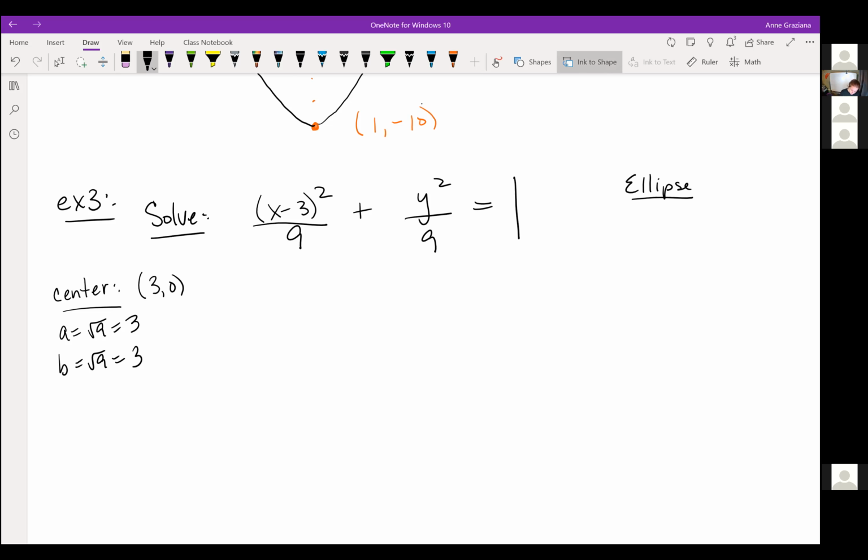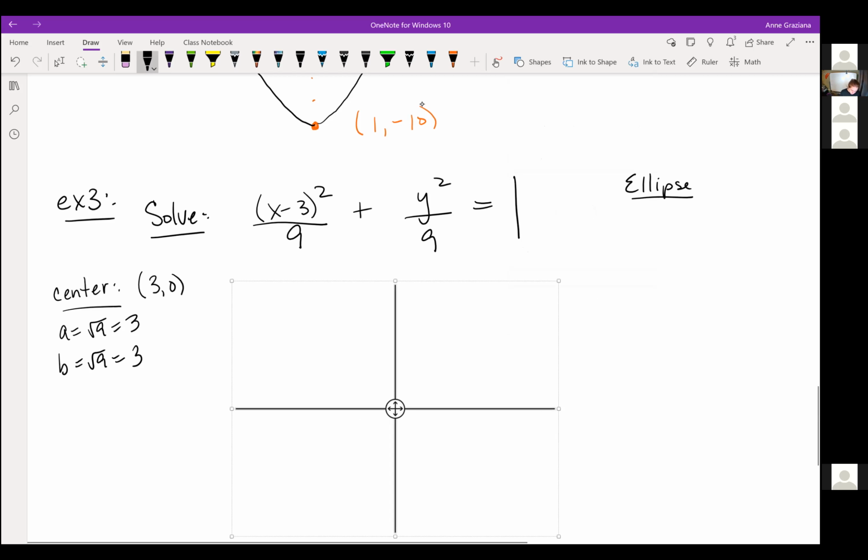So let's look at this on the grid. My center is 3, 0. So 1, 2, 3. And then I have to go 3 units away in both directions. So let me just put these on here. 1, 2, 3, 1, 2, 3, 1, 2, 3.